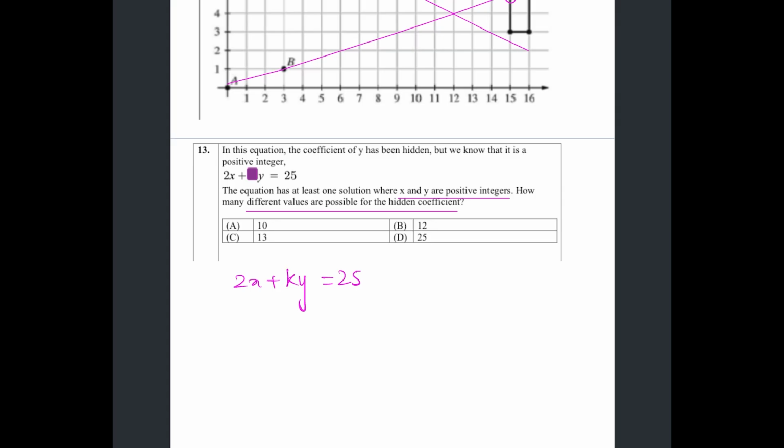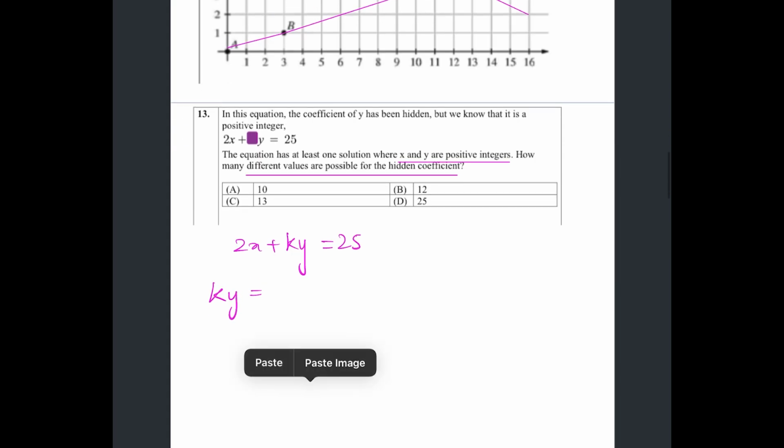Okay, so let's write down the cases. ky equals 25 minus 2x. Because both k and y are positive, the right hand side should also be positive.